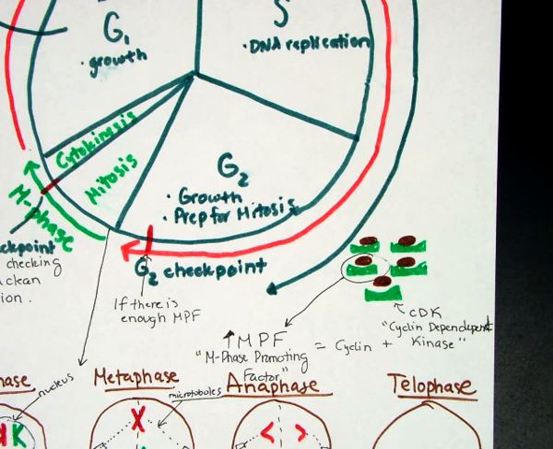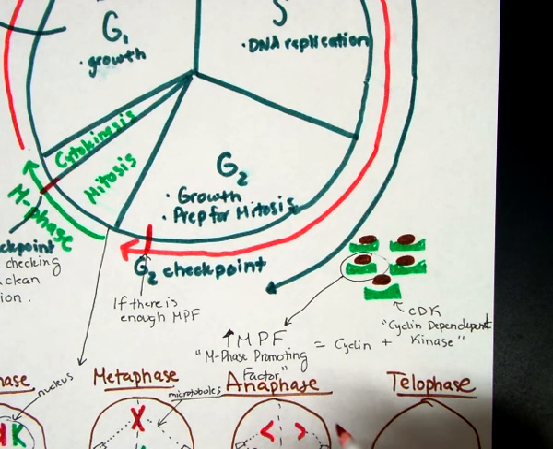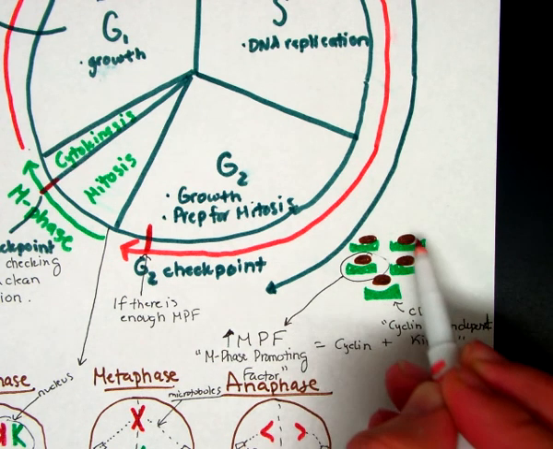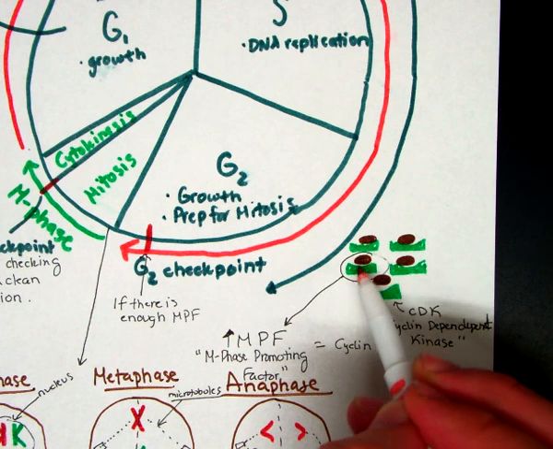And when these cyclin-dependent kinases attach to the cyclins, that is referred to as an MPF, or M-phase maturation promoting factor.